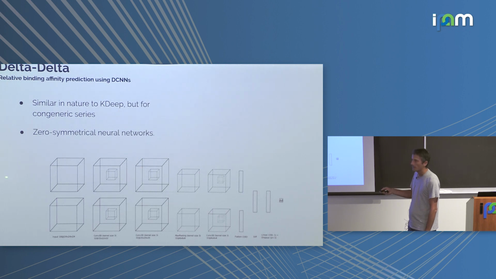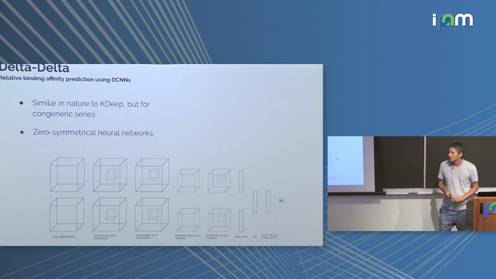But you also want that when you invert the order of the ligands, the number becomes minus the number. So we create a symmetry in the network so that these two lobes are the same, and then we just do this minus this, so that these properties are automatically true.